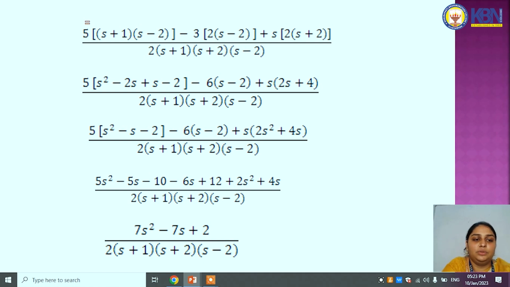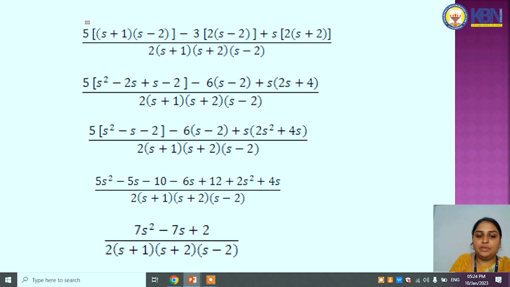That is 5 into s square minus 2s plus s, and minus 2s plus s means minus s, and minus 2, minus 6 into s minus 2, plus s into 2s square plus 4s. And the denominator is 2 into s plus 1, s plus 2 into s minus 2. Then we get 5 into s square minus s minus 2, that is 5s square minus 5s.